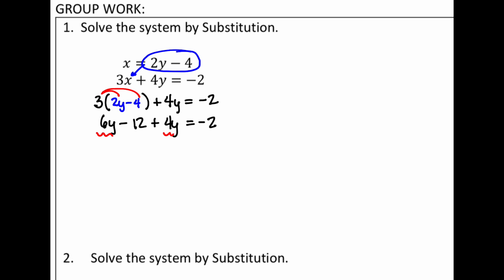Combine like terms. So we get 10y minus 12 equals -2. Add 12 to both sides to get the variable term alone. So 10y equals 10. Divide by 10 to get the variable alone, and we get y equals 1.